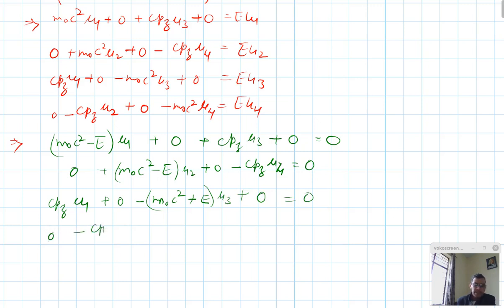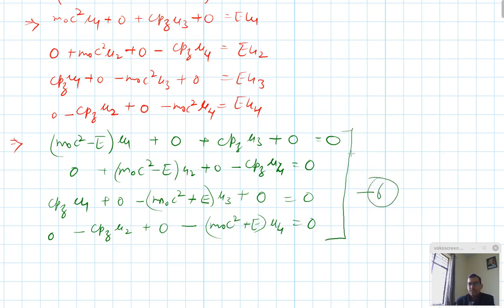It is 0 minus CPZ U2 plus 0 minus M naught C square plus E U4 is equal to 0, and let me call this as equation number 6, and this is very important. So let me call this as equation 6.1, 6.2, 6.3 and 6.4, right?